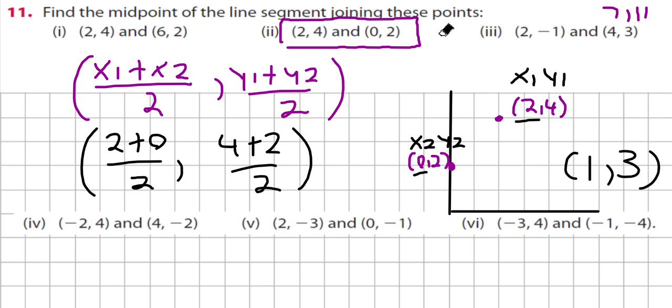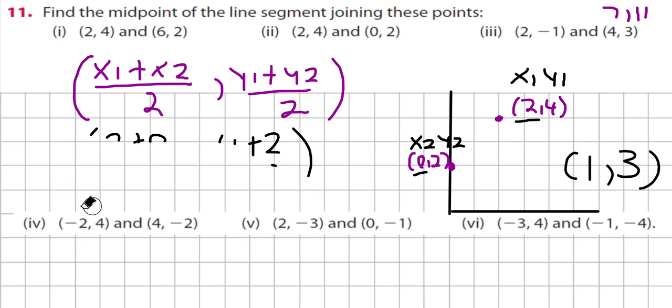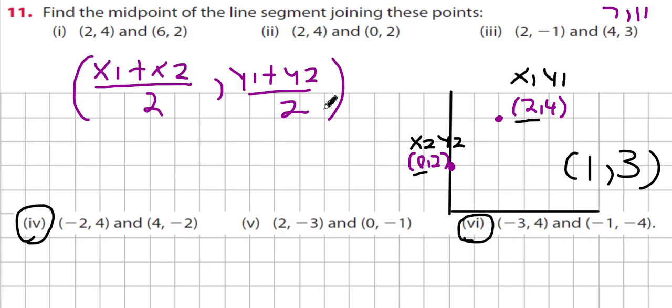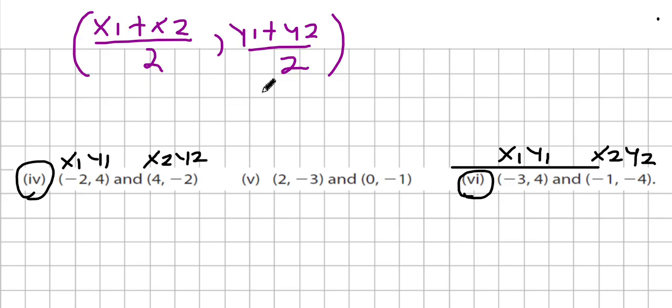Now, using that formula that's in purple on top of the board, I would like you to answer part 4 and part 6 for me. Okay, off you go. So we use x1, it's going to be minus 2 plus 4 divided by 2.